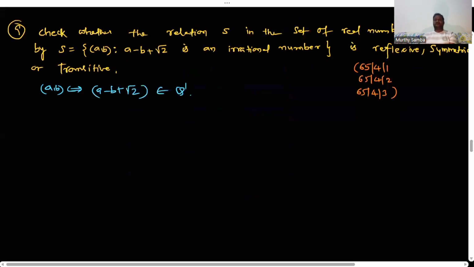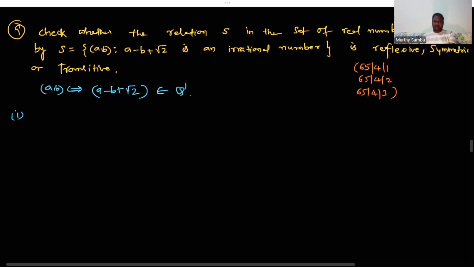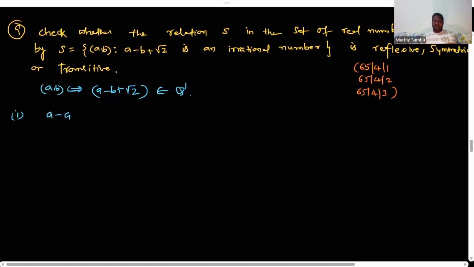You will have to check whether this is reflexive, symmetric or transitive or not. Coming to the reflexive relation, in the case of a reflexive relation, a and b should be taken as the same number, right? So a is equal to a only and b is also equal to a. a minus a plus root 2 is equal to minus a plus a cancel, which is equal to root 2, which is purely an irrational number. Therefore, the relation is a reflexive relation, right?